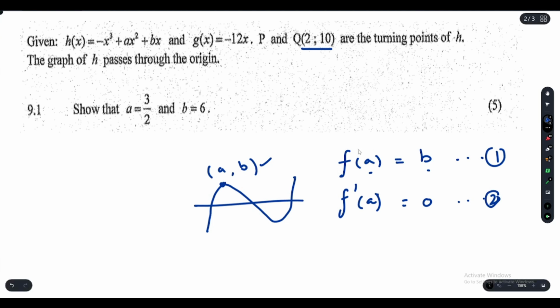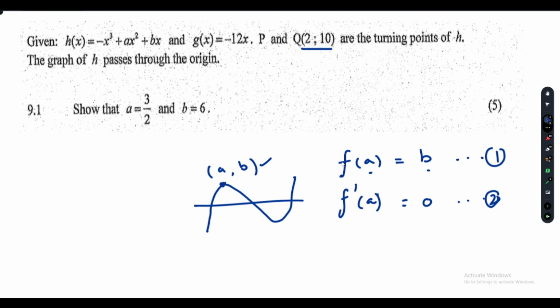You see, what we're expected to understand is the difference between f of x versus f prime of x. f of x stands for y, x being your input, y being your output. Whereas f prime represents the gradient at this point.